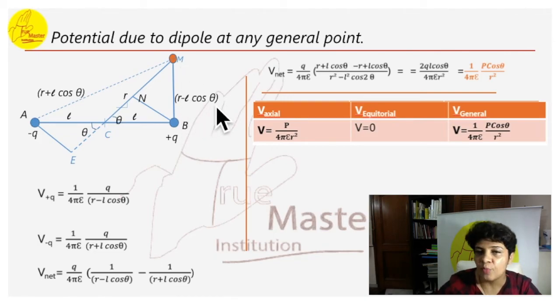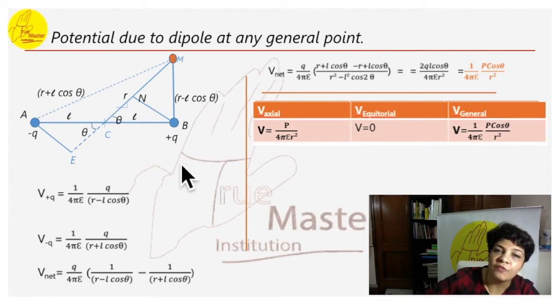So now we have both the distances. This was the important part to understand how we have derived R plus L cos theta and R minus L cos theta. So these are the distances from the negative charge all the way to the test charge, R plus L cos theta, and from the test charge to the positive charge, R minus L cos theta. When we substitute these values, what is the general formula for the potential? 1 by 4 pi epsilon naught q by r, right?